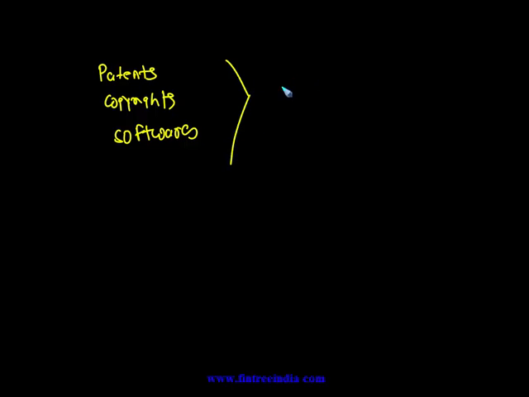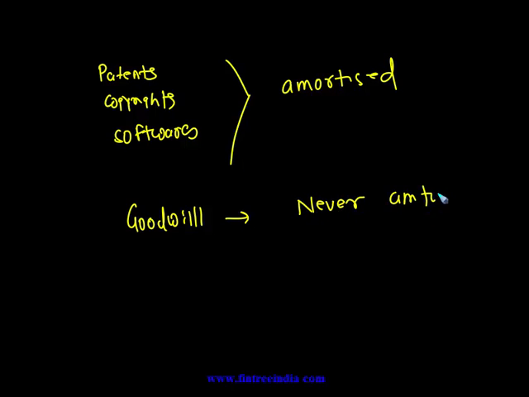All these intangible assets, let us say patents or copyrights or software, are amortized like any other asset. So every year there would be an amortization charge which will reduce the value of the asset. Whereas goodwill, which is acquired in a business combination, is never amortized.